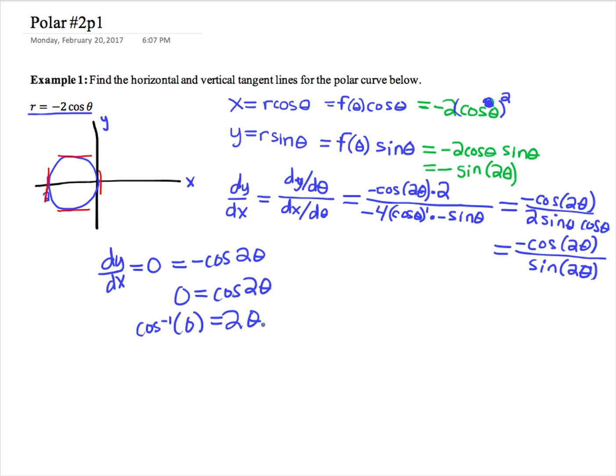See that that equals 2 theta. Go to my unit circle for where is the cosine 0, or in other words, what angle, or in this case, what x value has a cosine of 0, and that's going to be up here and down here, I think, right? That's where the x coordinate is 0. So, let's see. So that's going to be at pi over 2.